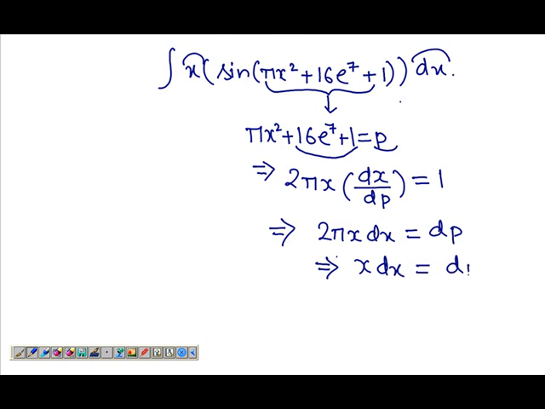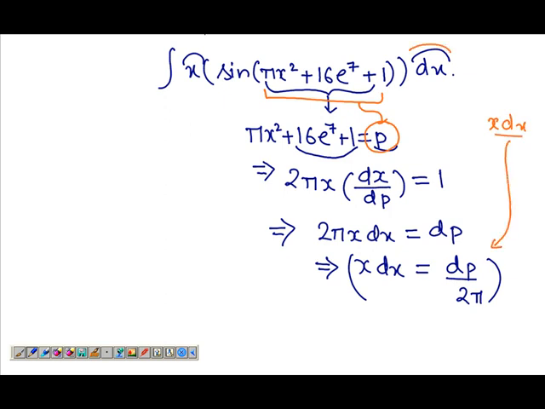It's dp over 2 pi. Now I'm going to replace this whole thing by p, since that's what I've taken it to be, and I'm going to replace x dx with this.